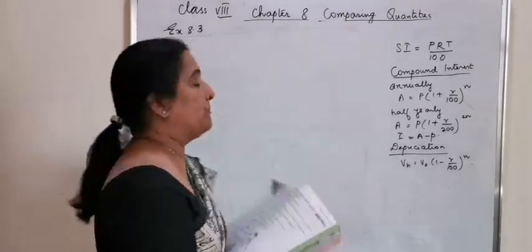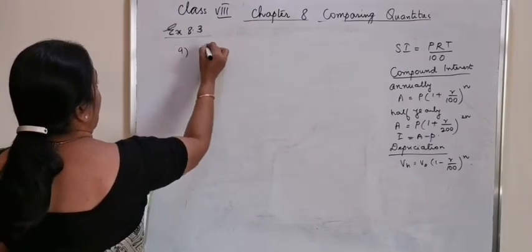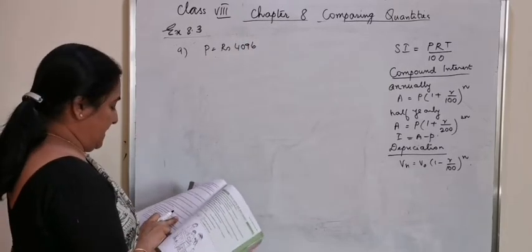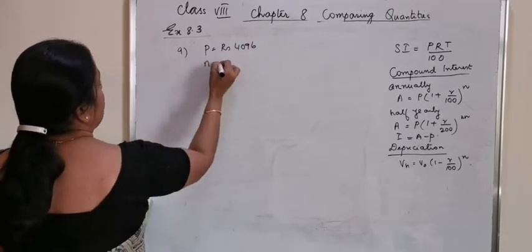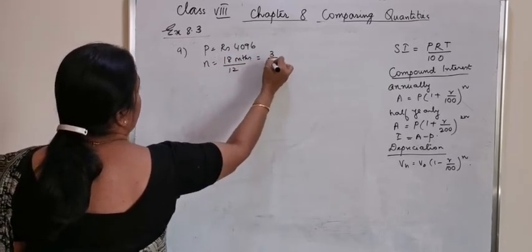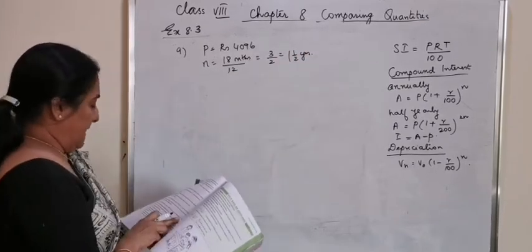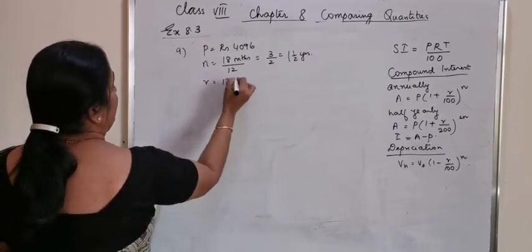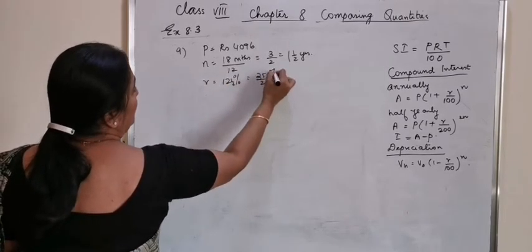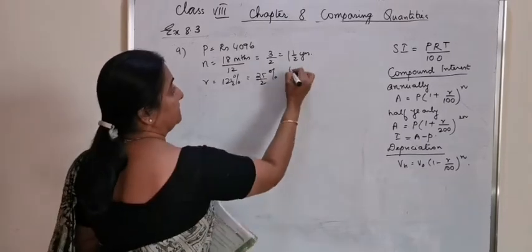So the principal is rupees 4,096. Then for 18 months, n is equal to 18 by 12, which is 3 by 2, or 1.5 years, and the rate is 12.5%, which is equal to 25 by 2%, and interest is compounded half yearly.